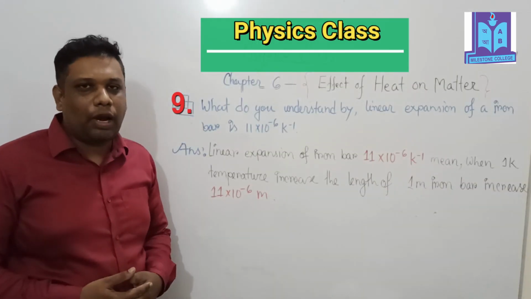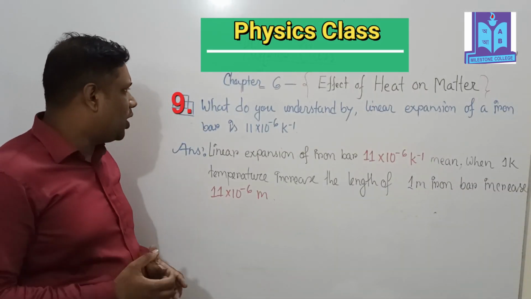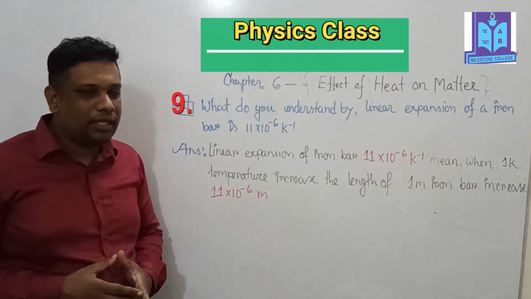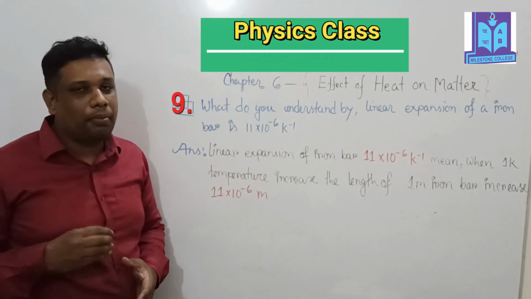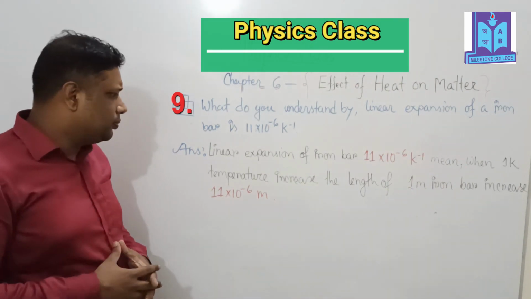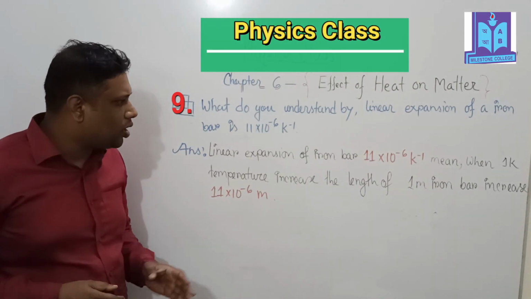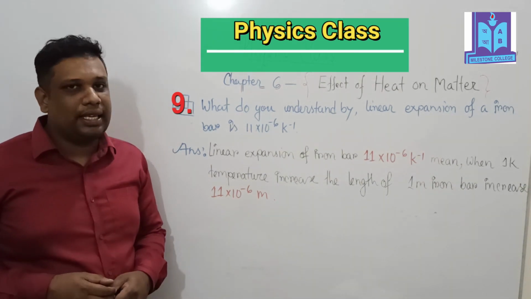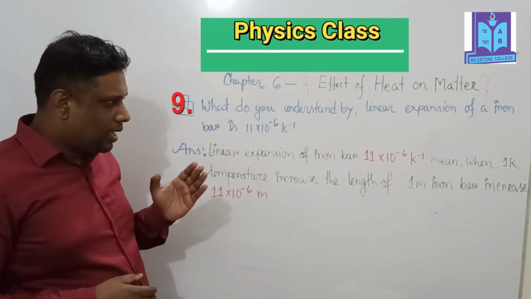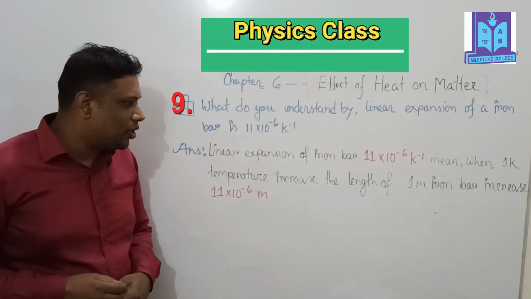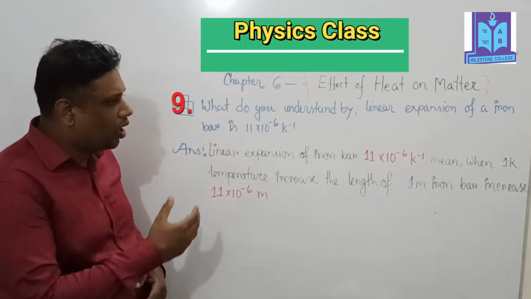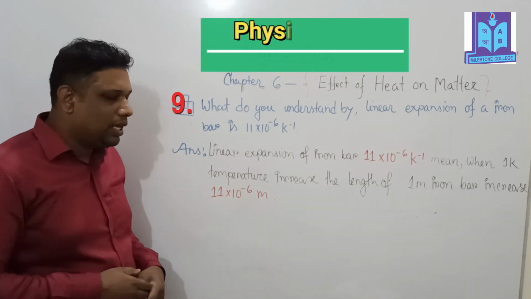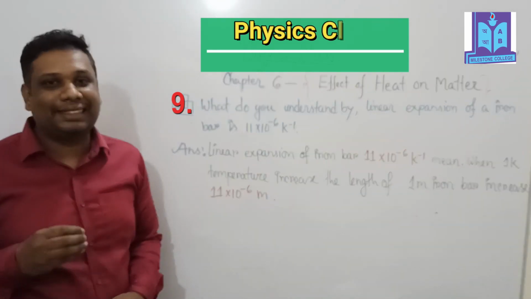So my dear students, our next question is: what do you understand by the linear expansion of an iron bar being 11 into 10 to the power minus 6 per Kelvin? So the answer is, linear expansion of an iron bar 11 into 10 to the power minus 6 per Kelvin means when the temperature increases by 1 Kelvin, the length of a 1 meter iron bar increases by 11 into 10 to the power minus 6 meter.